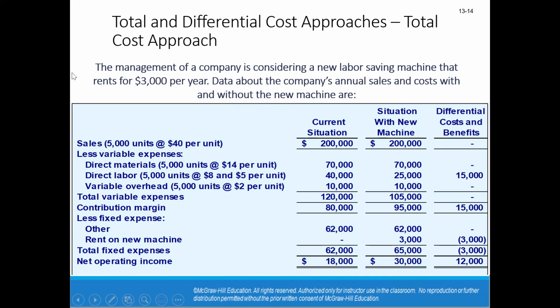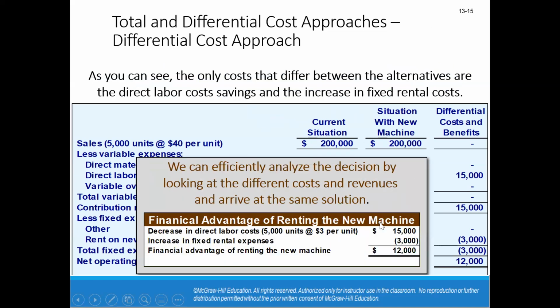In the current situation, our sales are showing right here. Our variable expenses, the difference here is the direct labor. Then the difference is the rent on the new machine down here.